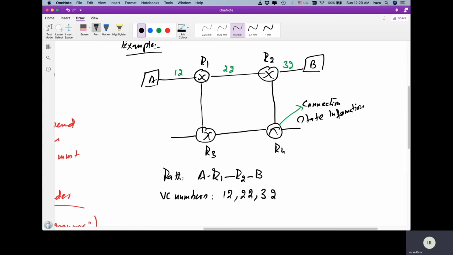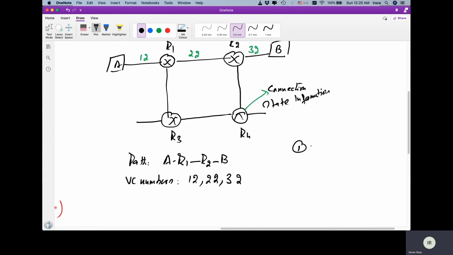Okay, and so this communication happens basically in 3 phases. Phase number 1 is we establish a virtual circuit, right? So virtual circuit is set up. This phase is basically a setup phase. And then we transfer data from A to B. So this phase is called the data transfer phase.